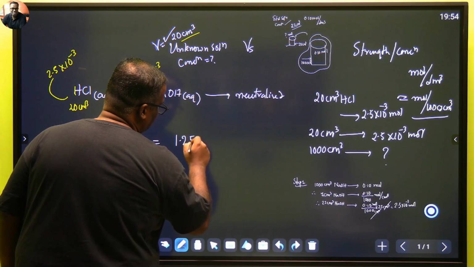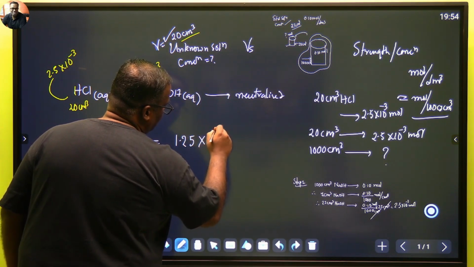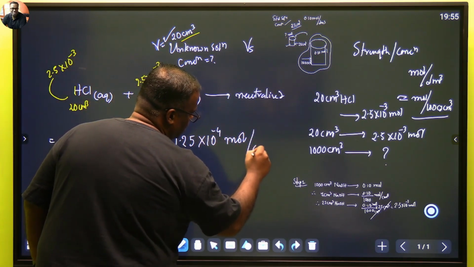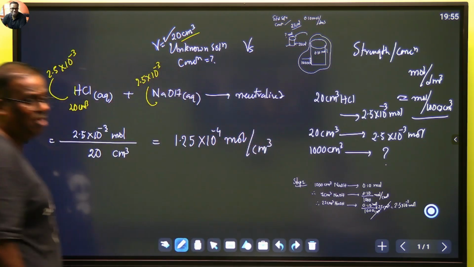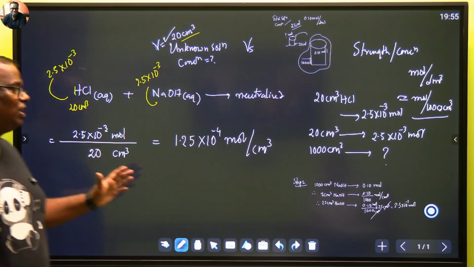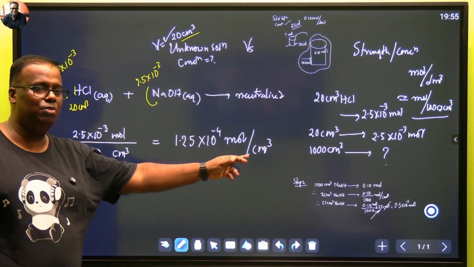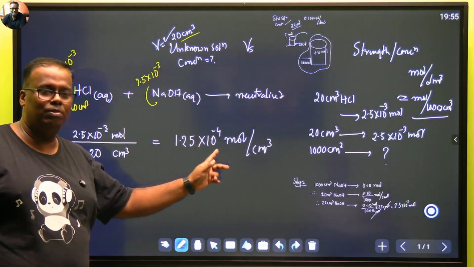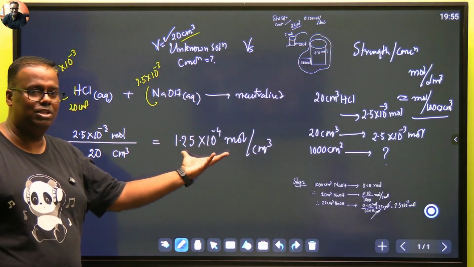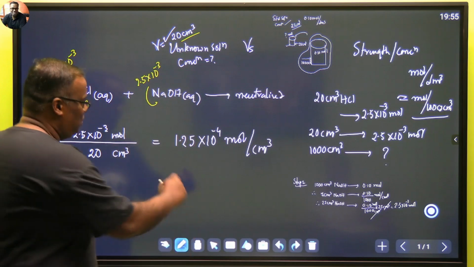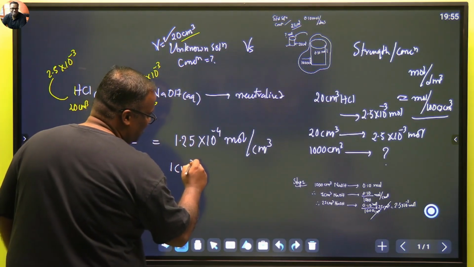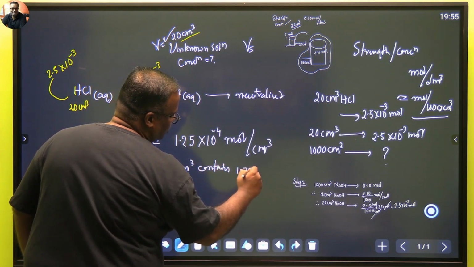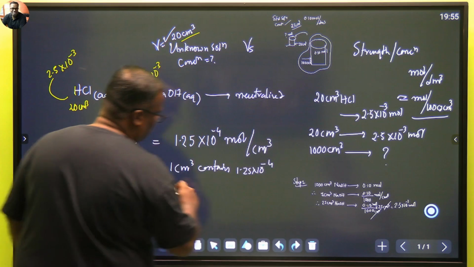1.25 into 10 to the power minus 4. What should be your unit? Moles per cm cube. See, I'm doing it in very baby steps so that you don't get confused. Moles per cm cube means 1 cm cube contains 1.25 into 10 to the power minus 4.